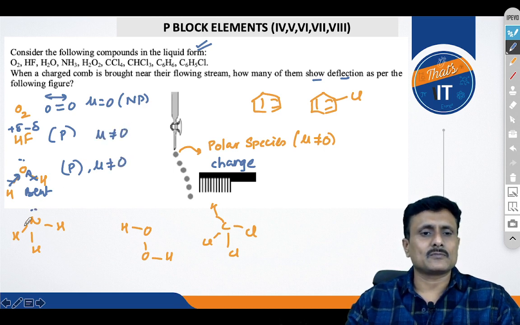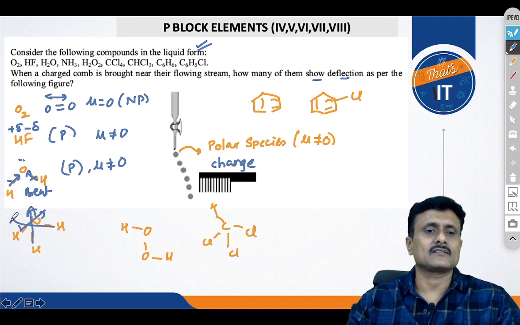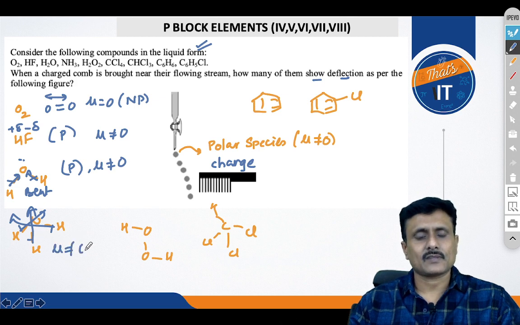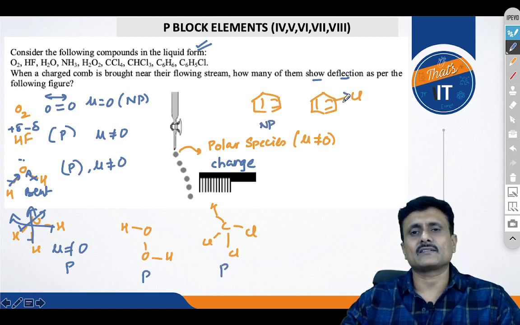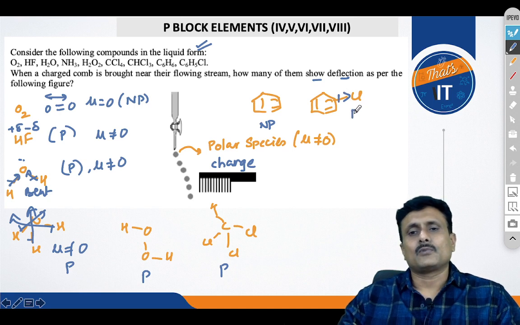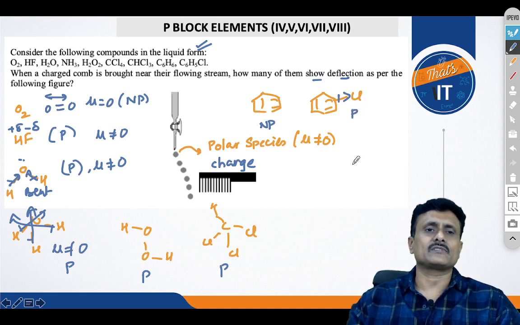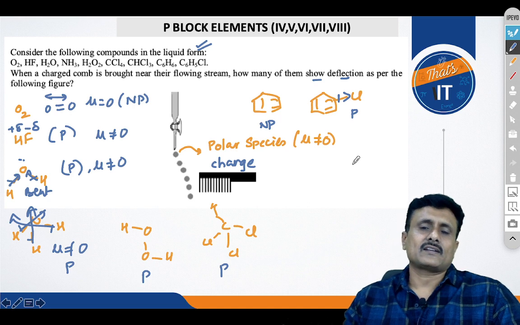Over here also the lone pair is making it pyramidal, so the dipole moment doesn't get cancelled. There is a resultant dipole moment, isn't it? This is also polar, and this is anyway out of plane. So this is polar, this is polar, this is non-polar because all the species are identical, and this is also polar. So you can see how many of the species are getting deflected.